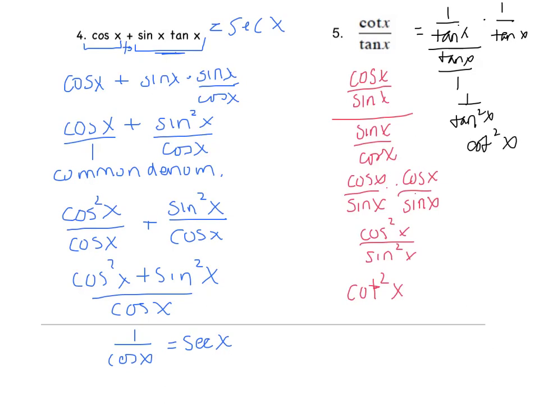And then some of you may have noticed that there's actually another way to do this that might be even shorter, and that would be that you would have cotangent, I'm going to do blue, hold on, cotangent x over 1 over cotangent x, which you flip that and multiply, and you get cotangent squared x.